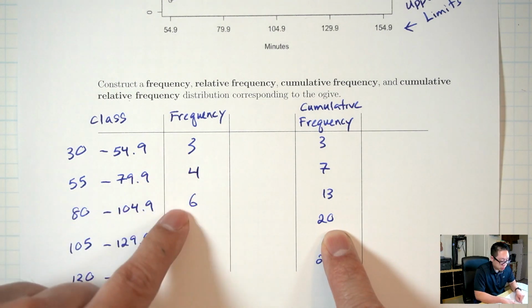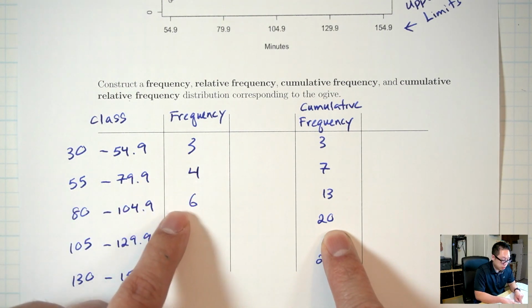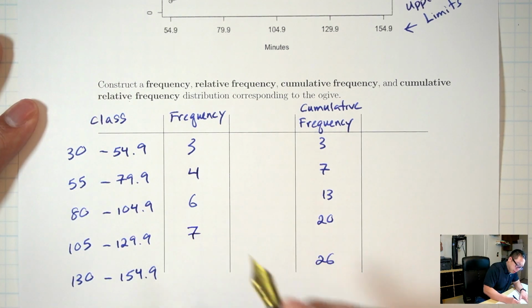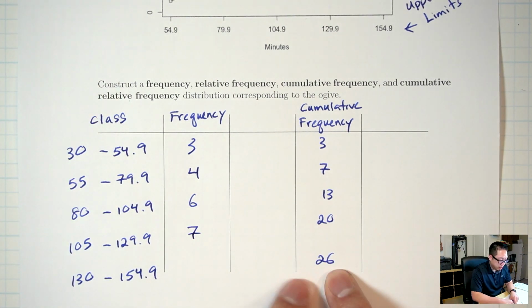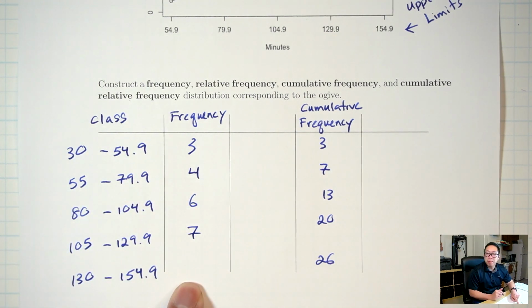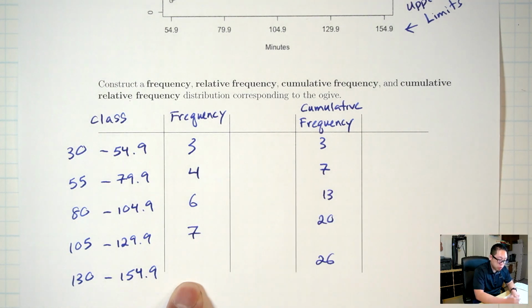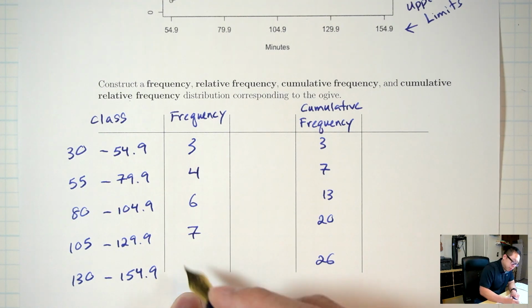So far it's 13. 13 plus what gives me 20? 7. And finally, 3 plus 4 plus 6 plus 7 plus what gives me 26? Those together are 20. So 20 plus what missing number gives me 26? 6.